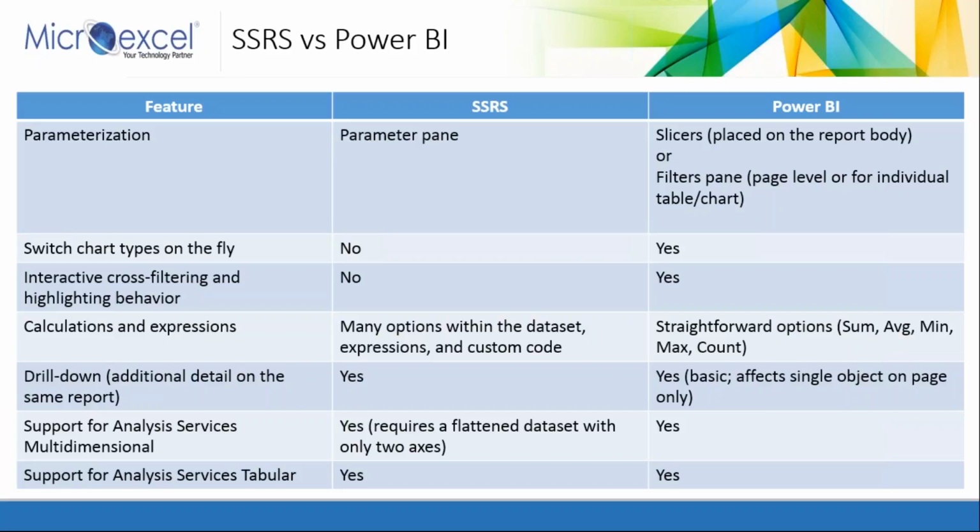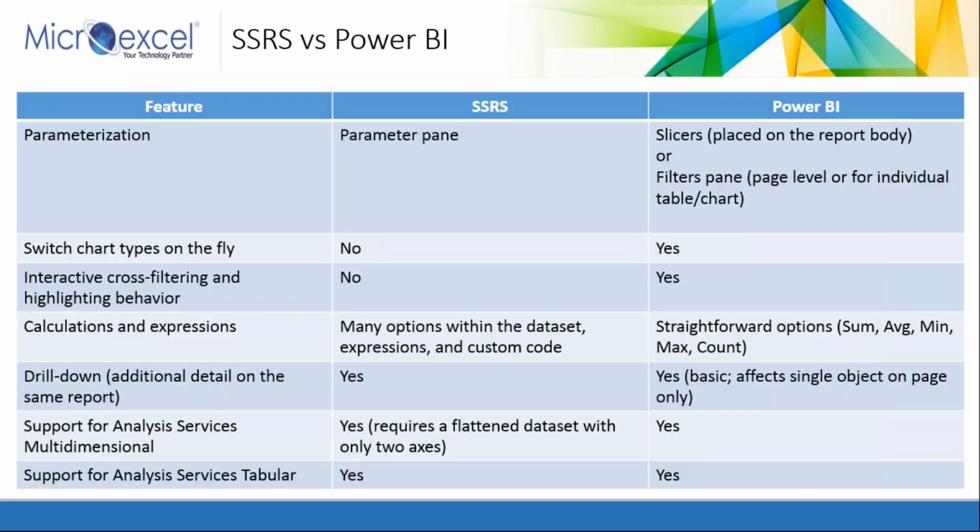Now the question comes, why not SSRS, or how is it different, SSRS versus Power BI, both being Microsoft products. SSRS has certain limitations which are overcome by Power BI. Both are robust, both are good products, but Power BI being available on cloud will give you more leverage and is more user friendly, because you get straightforward options like sum, average, minimum, and statistical operations can be performed.